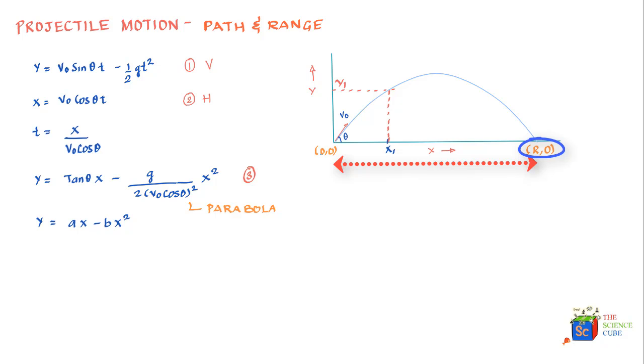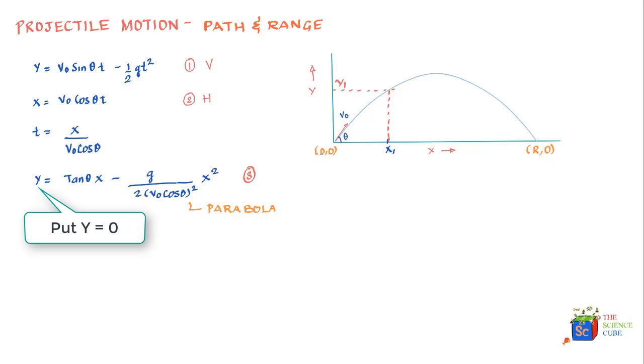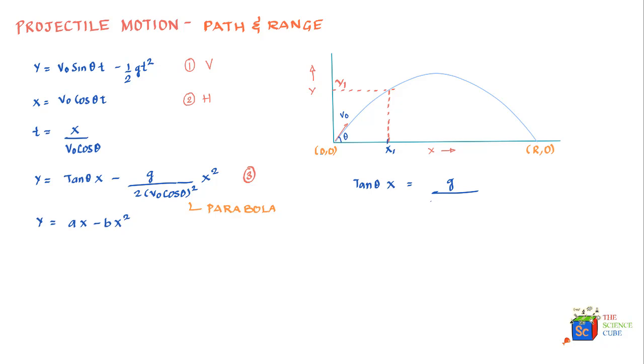Now how do you find this range? It's pretty simple. What you need to do is put y is equal to 0 in equation number 3. When you do so, what you will get is tan theta times x equals g upon 2 times v0 cos theta whole square, times x square.